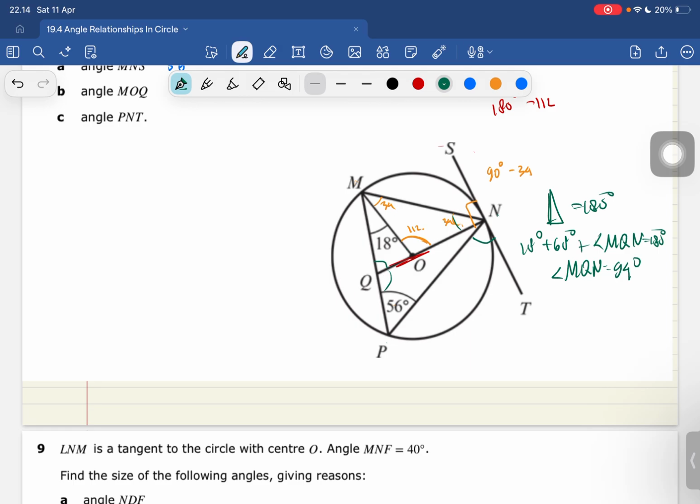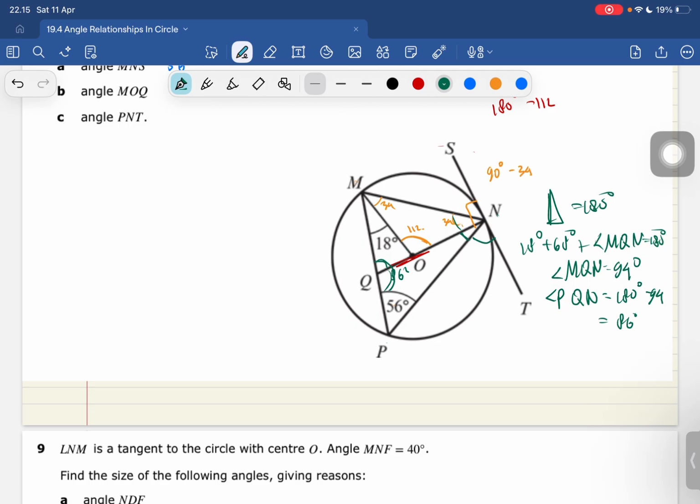Let's find another angle here, angle of P, Q, and N. So this is one line, 180. So 180 minus 94. The angle is going to be 86 degree.